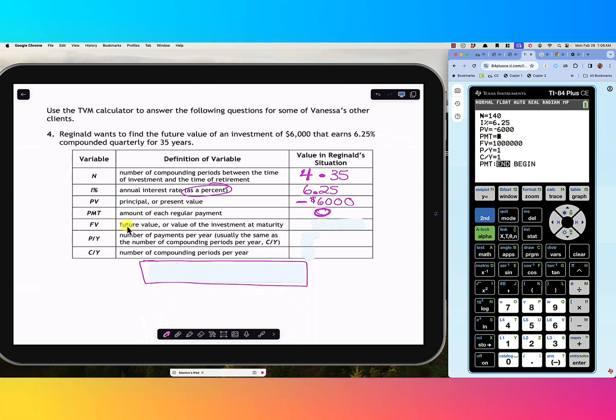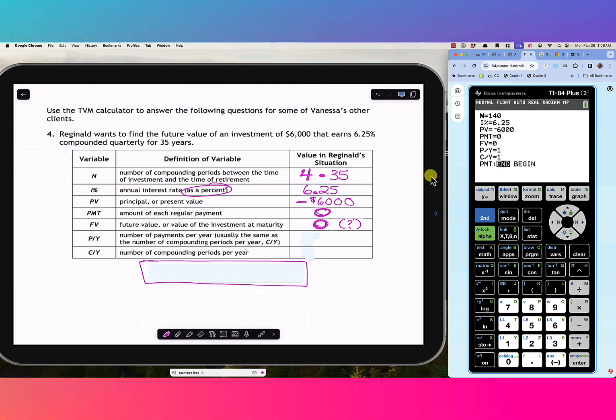For the future value, we don't know what it is. We're trying to find it, so we put 0 for future value. Let's go back to the calculator, hit your down arrow, press clear, and type in 0 there for future value. We're actually going to be solving for it later, so we're going to come back to this line.